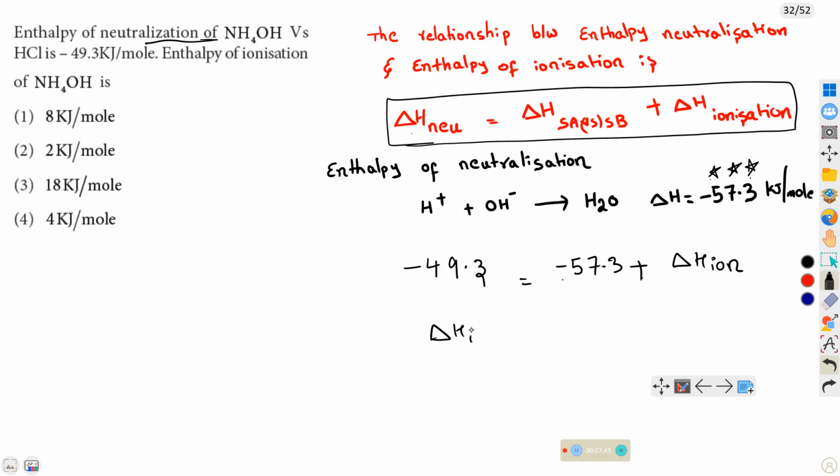Delta H ionization is equal to minus 49.3 plus 57.3. Then you will get 8 kilojoule per mole. First option correct.